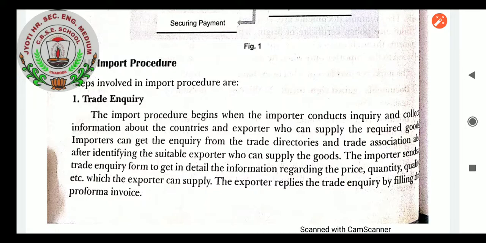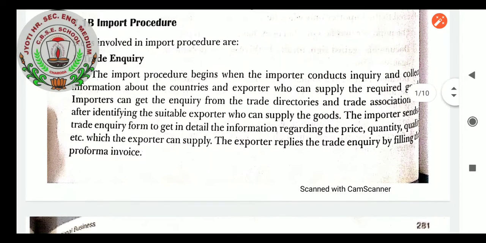The exporter replies to the trade inquiry by filling the pro forma invoice. So trade inquiry is nothing, students, but the start of the import procedure, when the importer collects information about the countries and the exporter who can supply the required goods.